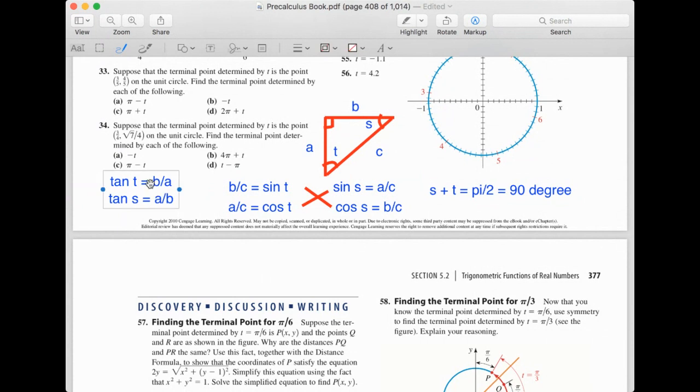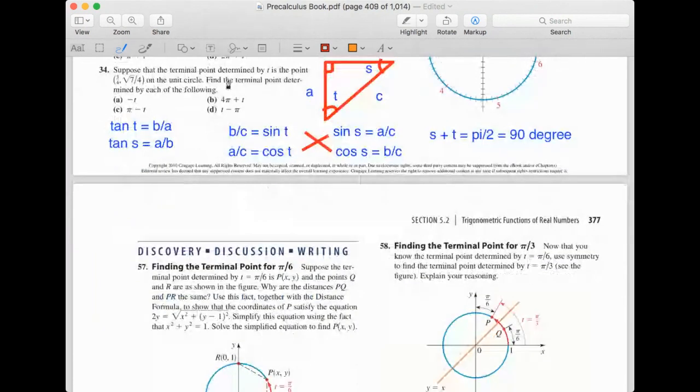Okay, we can also rewrite this tangent t. Let's think about what sine t divided by cosine t is.